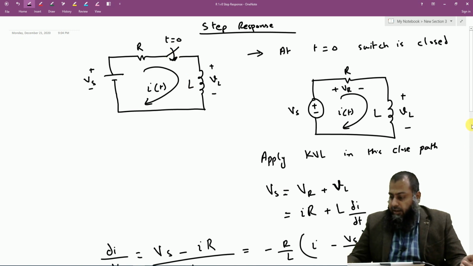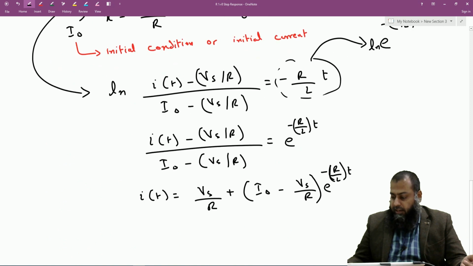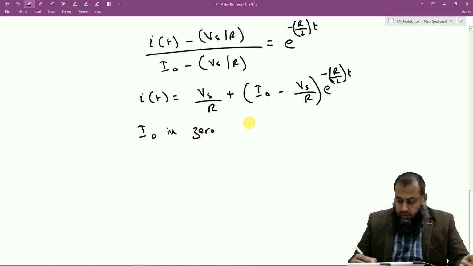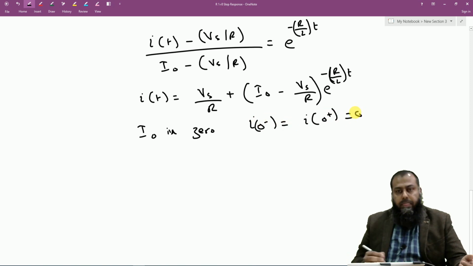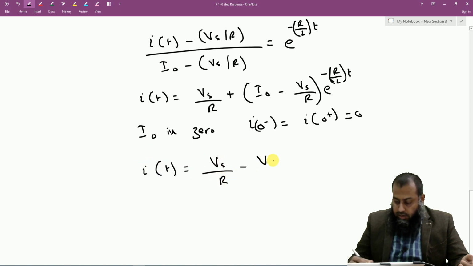This means that for this particular circuit, if the initial current I naught is 0, then I0 negative is equal to I0 positive, which is equal to 0. The solution of the current i(t) is now reduced to this particular equation, with e raised to minus R over L into t.